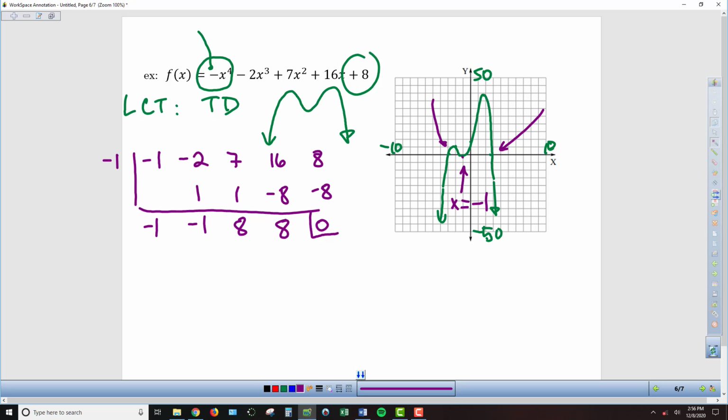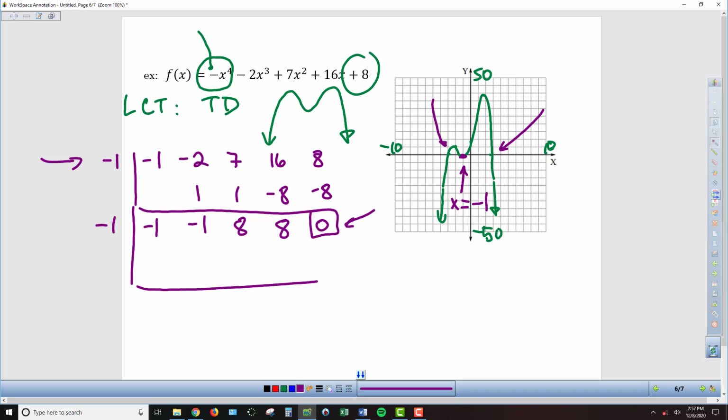Add in the vertical direction, 16 and -8 is 8, multiply by -1 and get -8. And as always, whenever we're dividing by something we know is a 0, we should get 0 as a remainder here. And again, as I mentioned, not only are we dividing by -1 once, but we're going to divide by it twice because of the double 0 feature that we see here. So I'm going to take -1 and divide by it again.